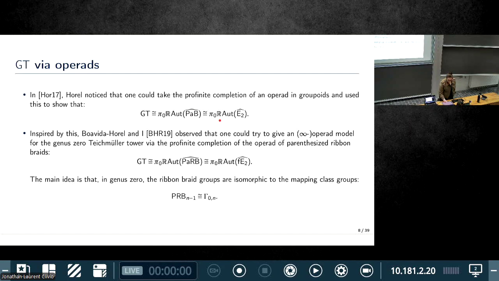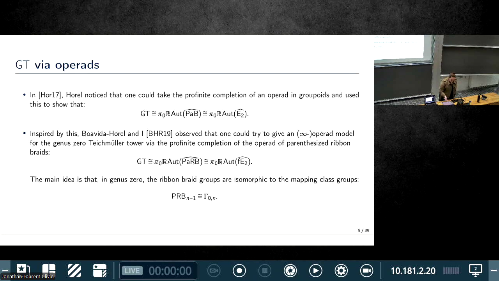And then by taking classifying spaces and doing some homotopy theory, this is formally equivalent to the homotopy automorphisms of the profinite completion of the little disks operad. It's just a formal construction you do on classifying spaces.